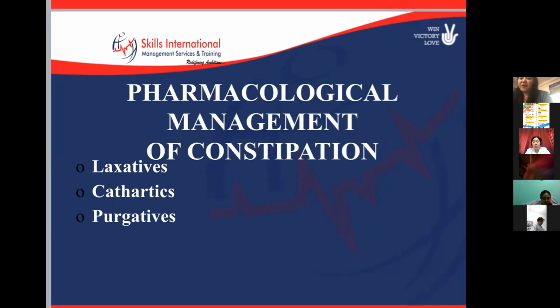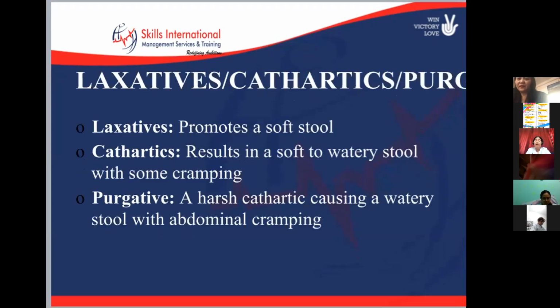Now, there are some pharmacological management for constipation, which is usually we give this patient who has been chronically, really hard constipated already. We give them a laxative, cathartics, or purgatives. Pampurga. Laxative or cathartics or purgatives promote softening of the stool.